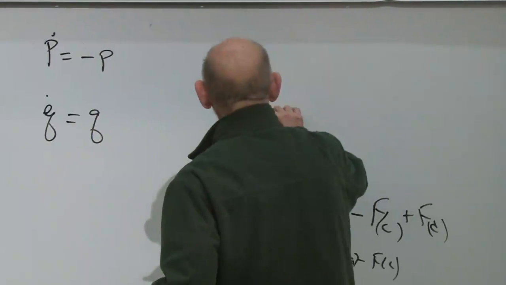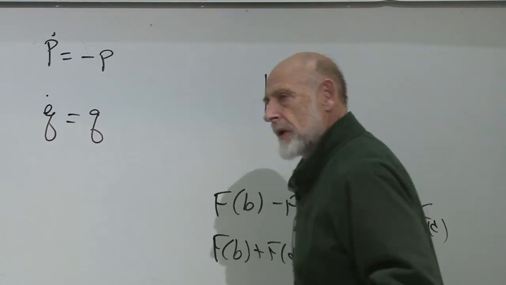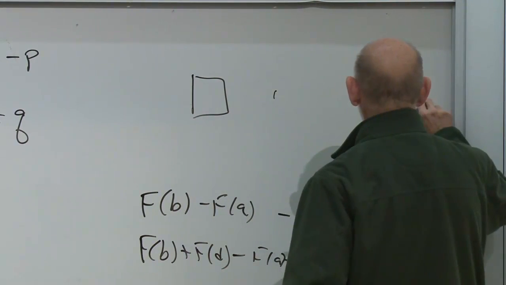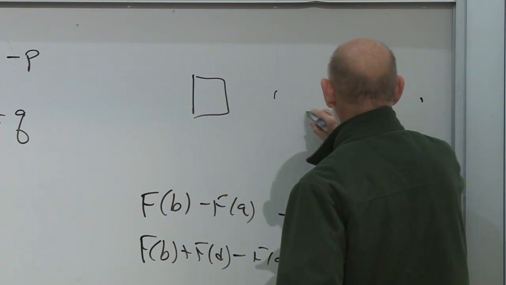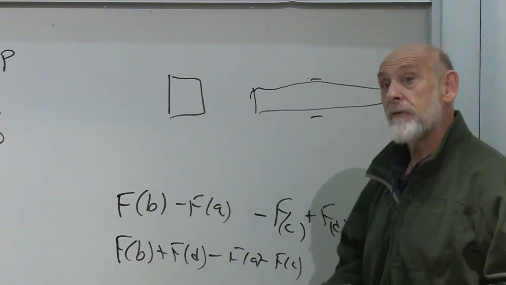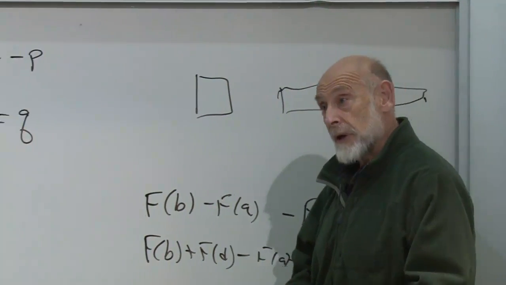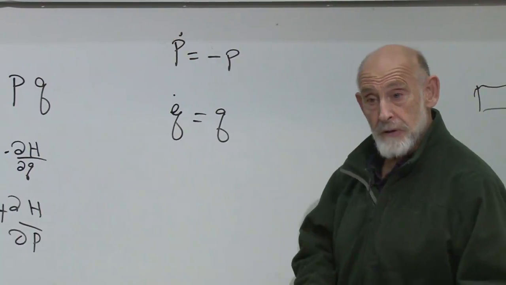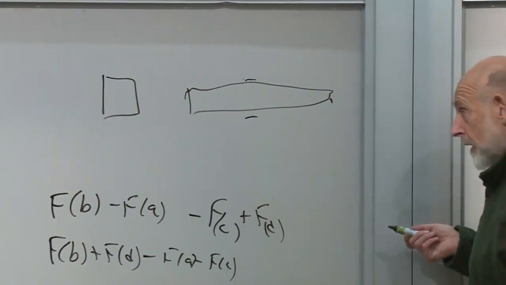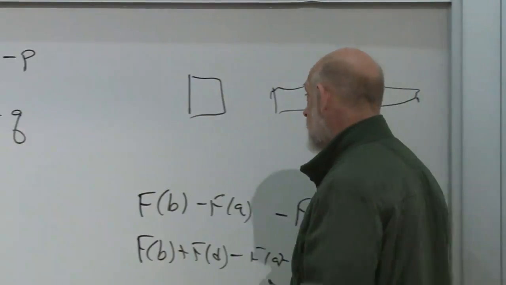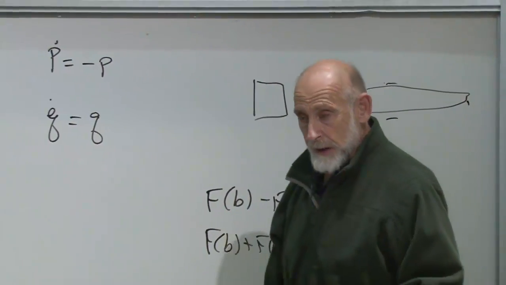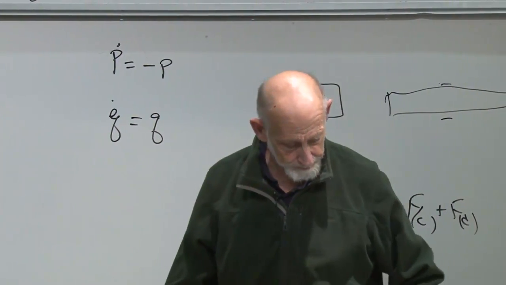That means if I were to take a little square patch, it would spread in the q direction and shrink in the p direction. It spreads in one direction by the same factor that it shrinks in the other direction, and the result is the area stays the same. But the shape can change a lot. So this was just a simple example of a case where we can violently change the shape, but the volume stays the same.